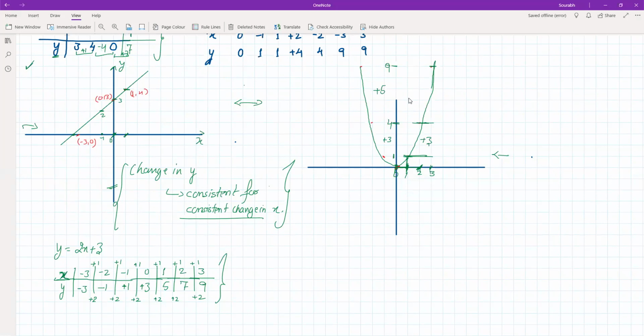From 2 to 3, x has changed by 1. But y has changed from 4 to 9. That means it has changed by plus 5. Such changes are called non-uniform change.